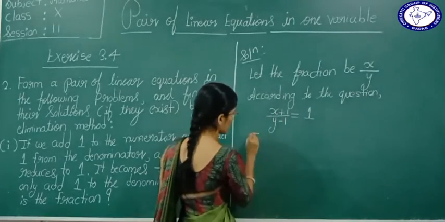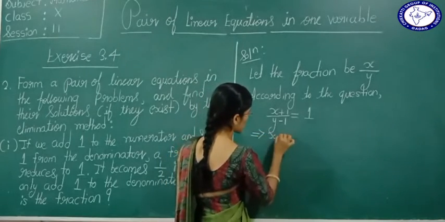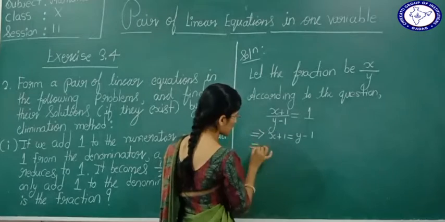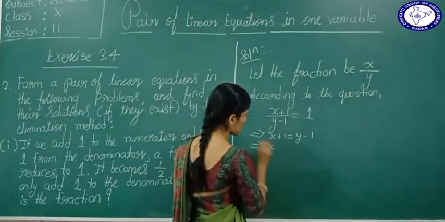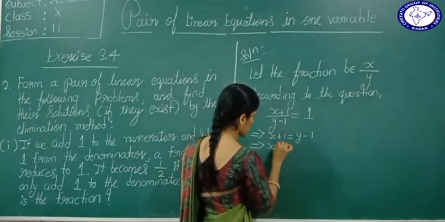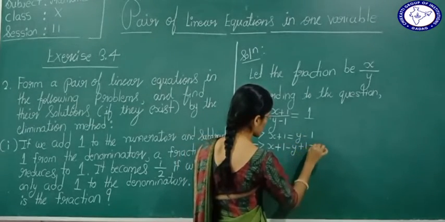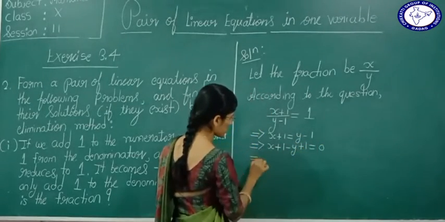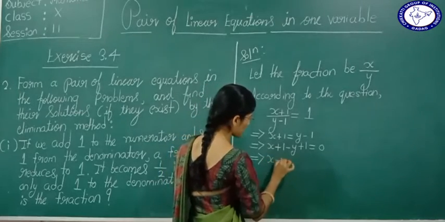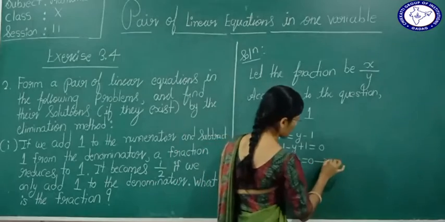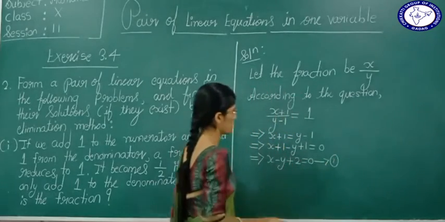We will simplify this. This implies x plus 1 is equal to y minus 1. So this implies x plus 1 minus y plus 1 is equal to 0. So this implies x minus y plus 2 is equal to 0. We got equation 1.